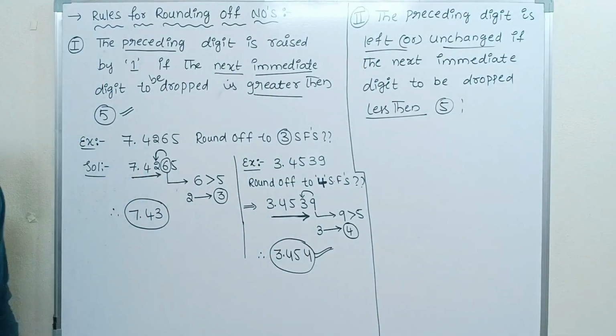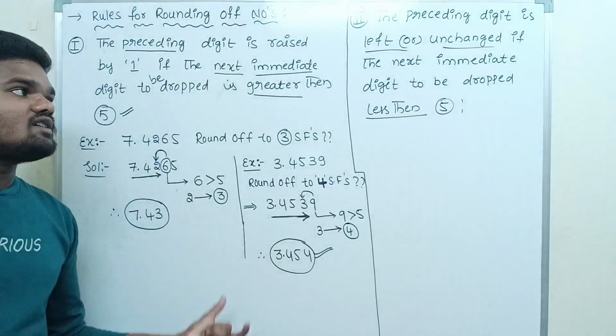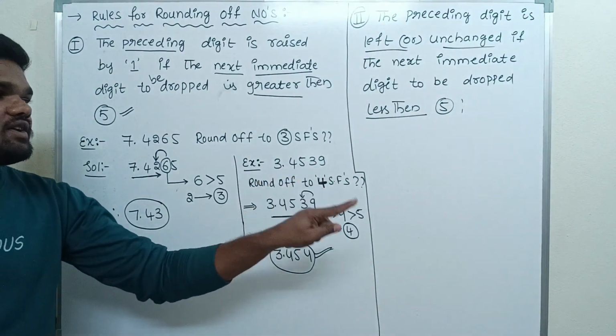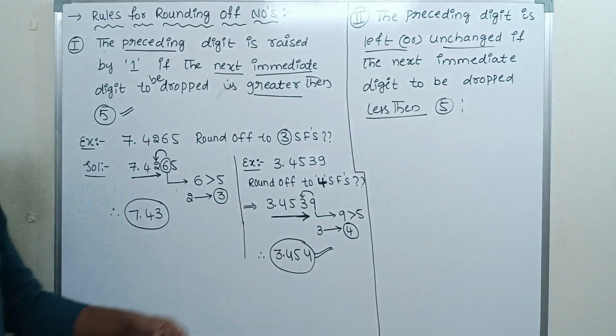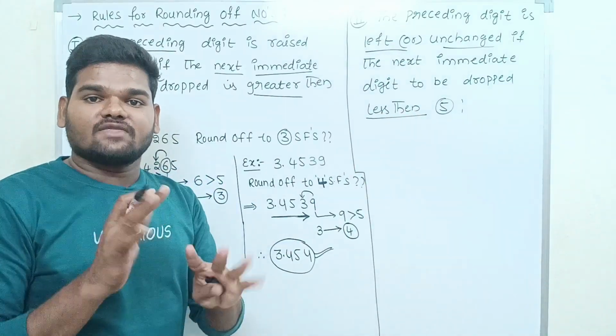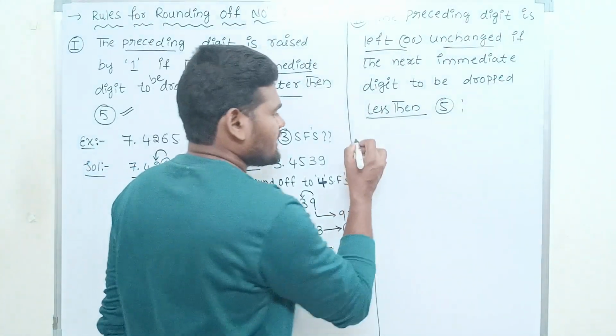So what is the second rule? The preceding digit is left unchanged if the next immediate digit to be dropped is less than 5. That means if the next immediate number is less than 5, then the preceding digit does not change. Have a look, example.